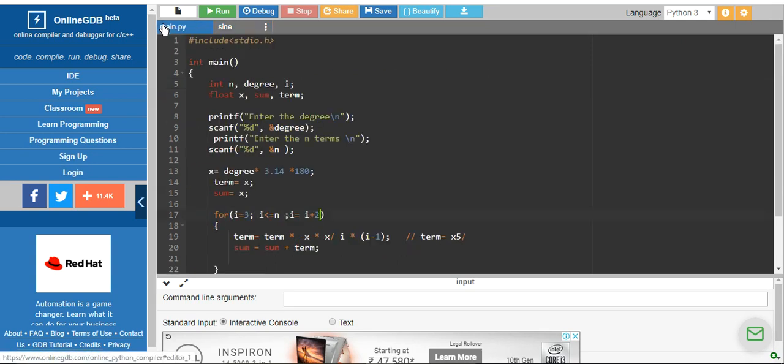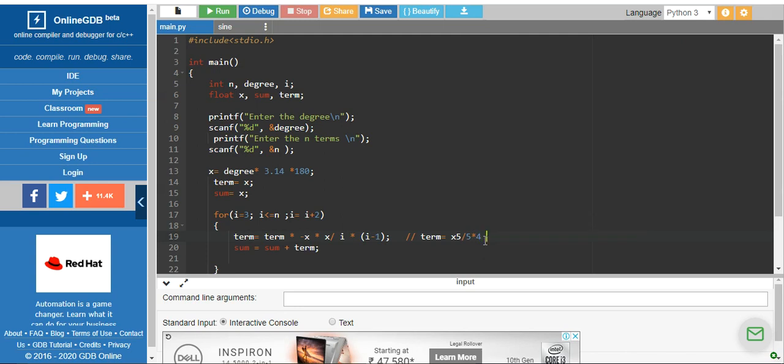So that is the reason the looping construct also should be incremented by 2. Instead of taking i equal to i plus plus, if you take this you will not get the correct results. Now what is the value of i? 3 it was, now it will get incremented to 5.